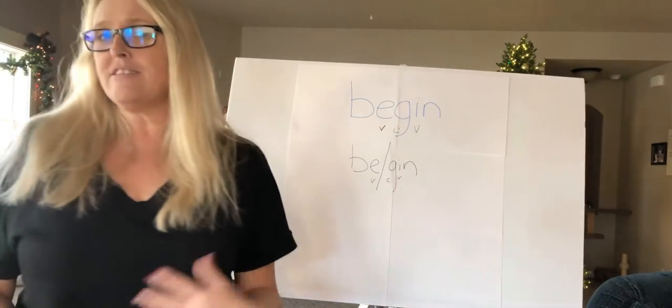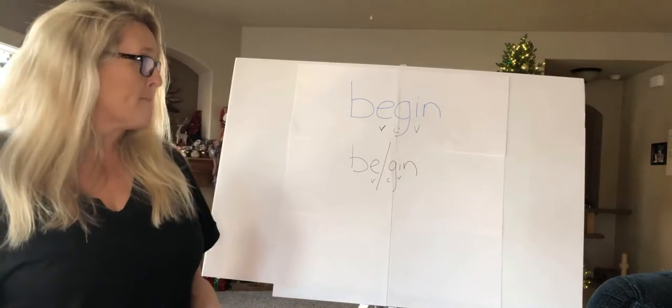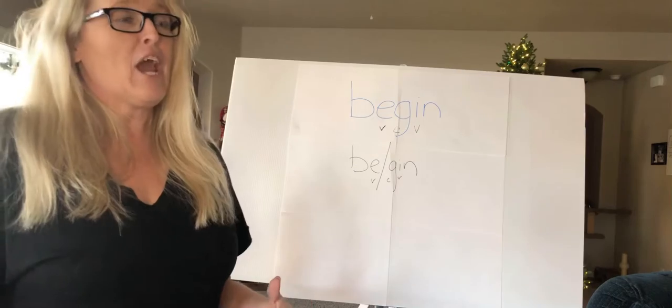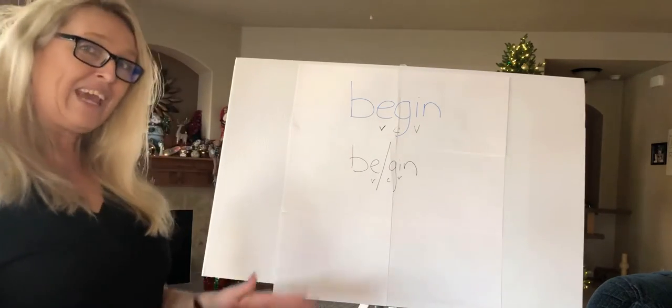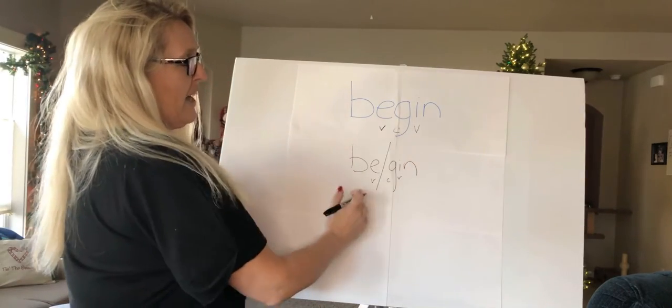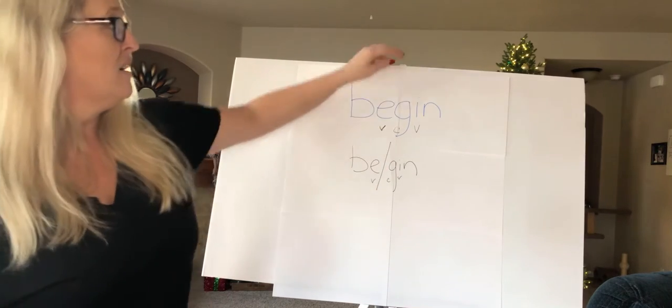Does that sound like a word that you are familiar with, a real word? Correct. Begin is something that happens when you are about to start something. You have to begin somewhere. So begin is correctly divided after the first vowel and before the consonant.